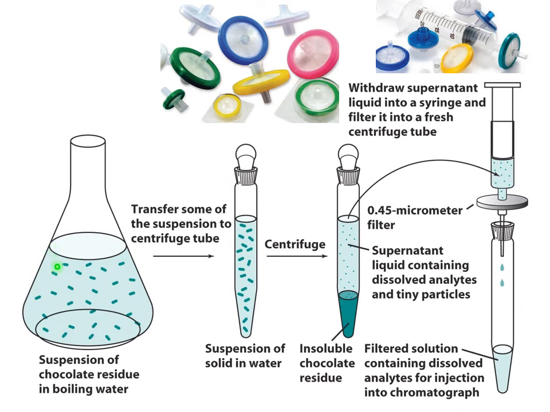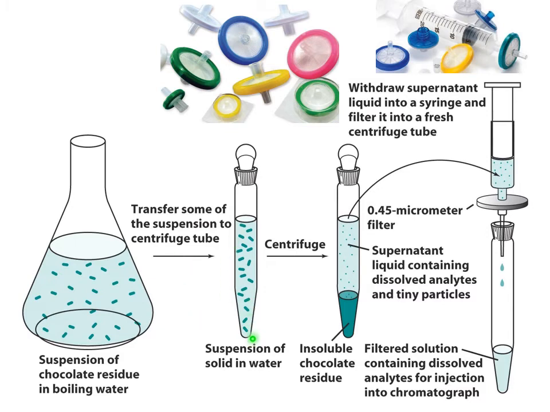Next, we'll put this residue in a boiling water. Boiling water, most of polymeric organic material will still be insoluble, but alkaloids, caffeine and theobromine will go into water, will dissolve.